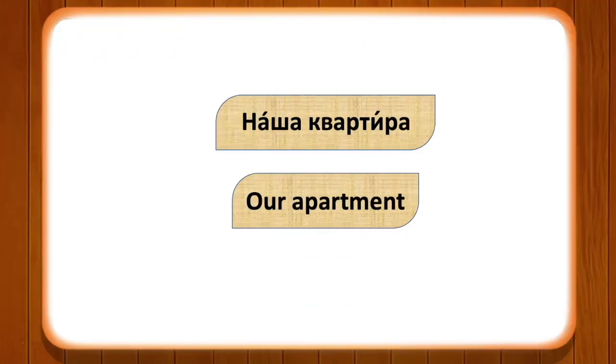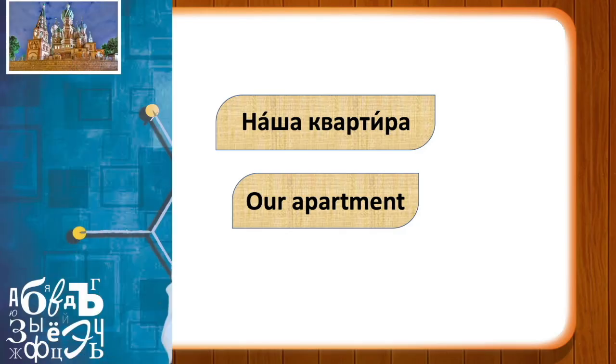Now, in this module, we shall be taking a text titled Nasha Kvartira. Largely, our text would be based on the prepositional case, or Предложный падеж, as we call it in Russian.